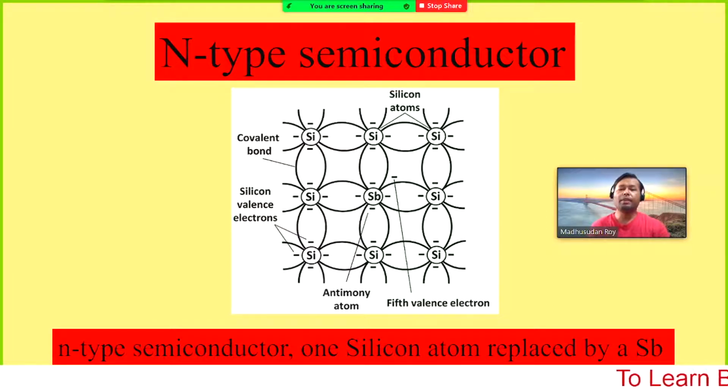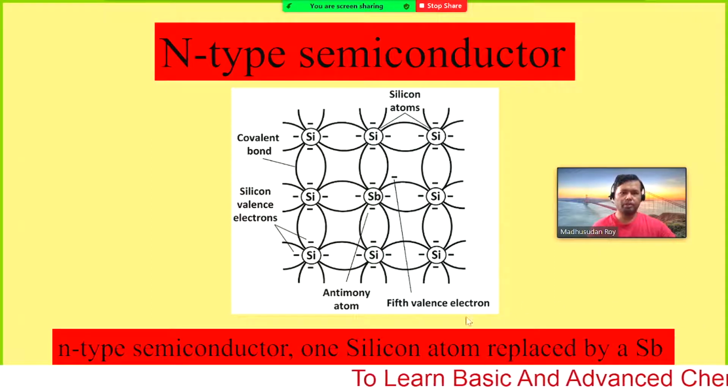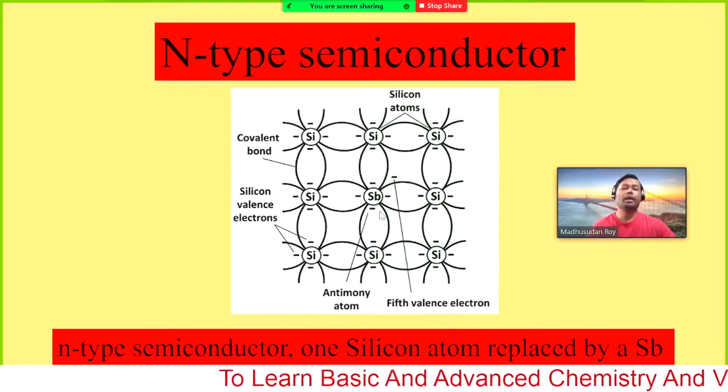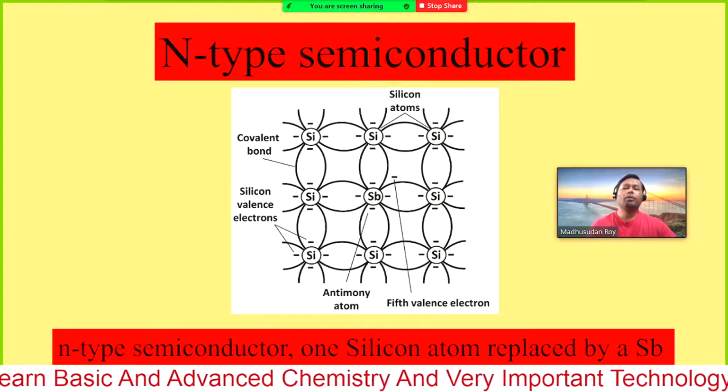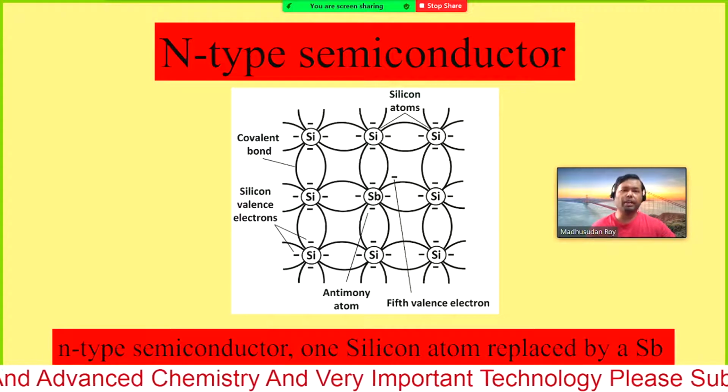So N-type semiconductor, one silicon atom replaced by an antimony. So not only antimony, you can add any pentavalent atom, but all of them will not have the same property.